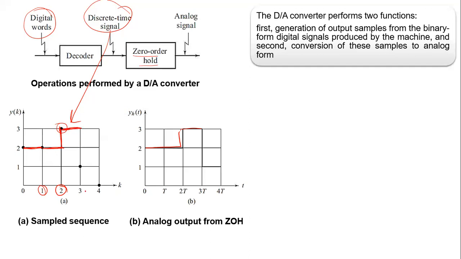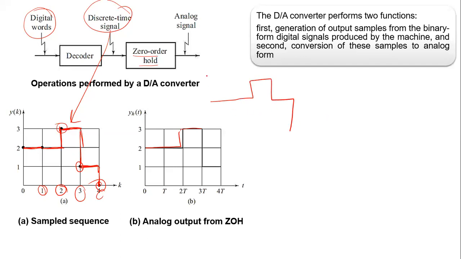Then it will see that at the third point the magnitude has changed, so it will come down to this magnitude, and then at sample 4 it is 0. So till sample 4 it will continue with the same magnitude, and as soon as the fourth sample is received, we have this ripple. So it is something like this.